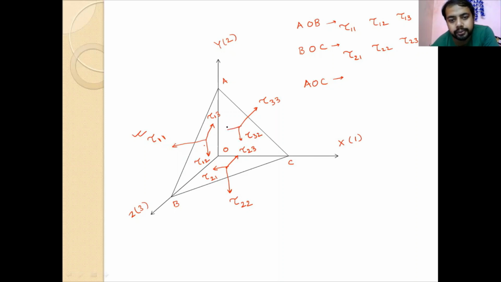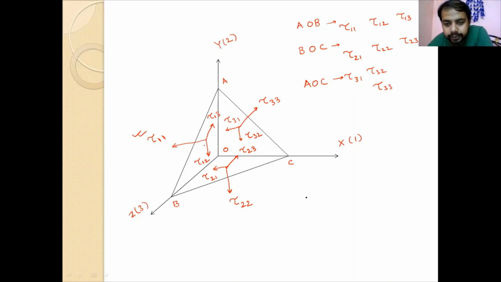And this one gives you tau 3. These are the stress components. What are the stress components of the element acting now? So tau 3, 1, tau 3, 2, tau 3. These all are the stress components we are talking about here.